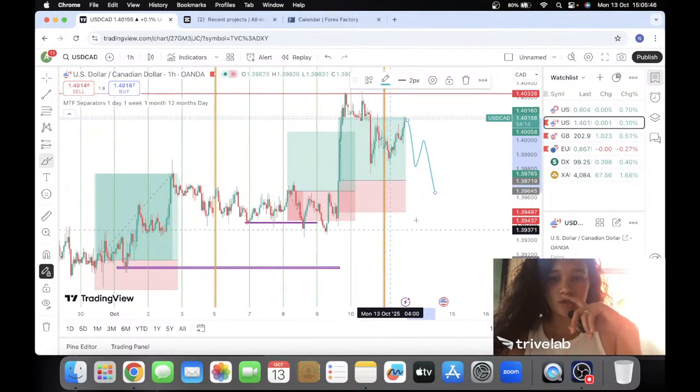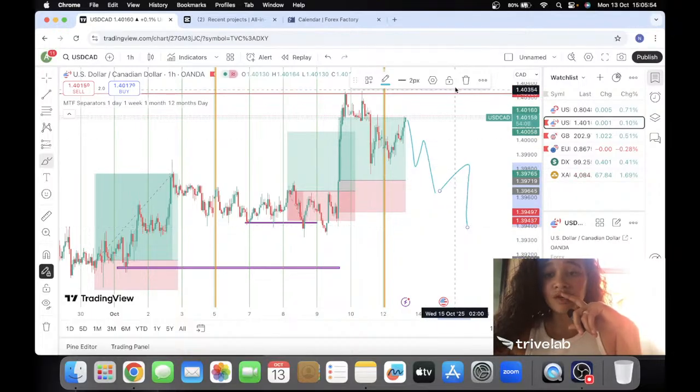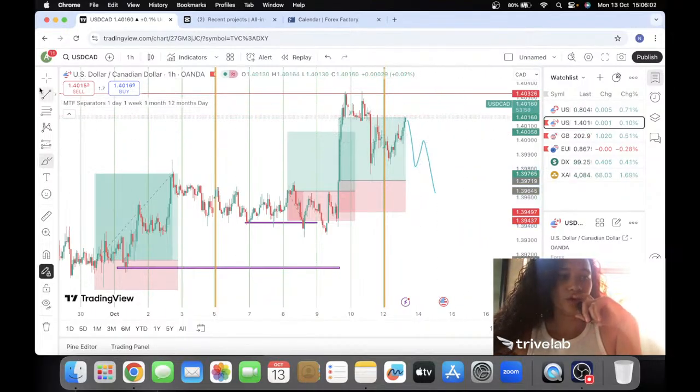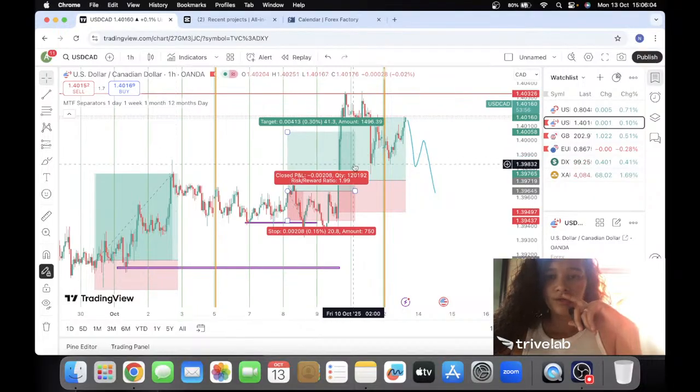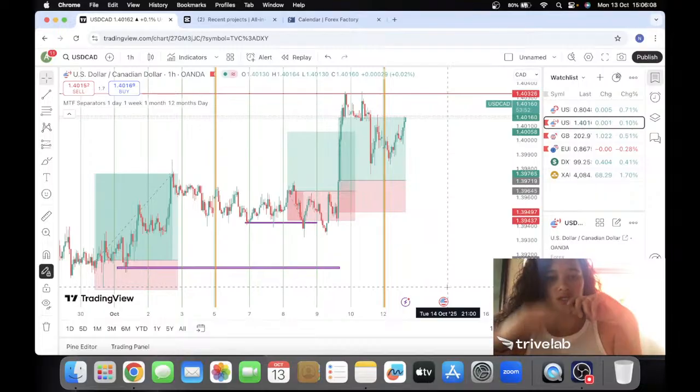The dollar is strengthening right now, but maybe we can expect something like this. Don't make assumptions on the charts, just trade what you see and go from there. I'm going to move on from this one. I think it's going to break structure, continuation bullish, and it's definitely going to go further up.